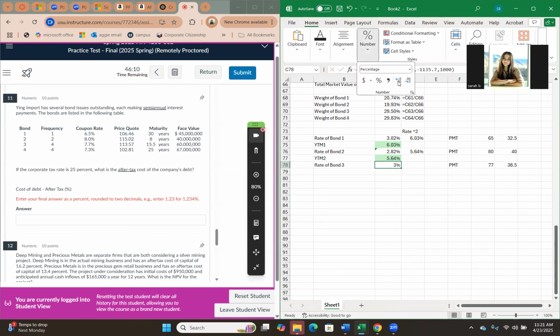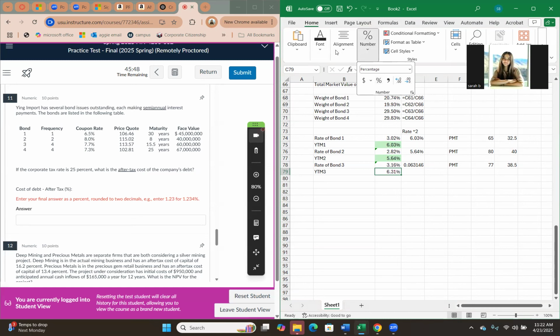So let's bump these numbers out. We get 3.16. We're going to multiply it by 2. And then our yield to maturity of bond 3 is 6.31%. Right here.